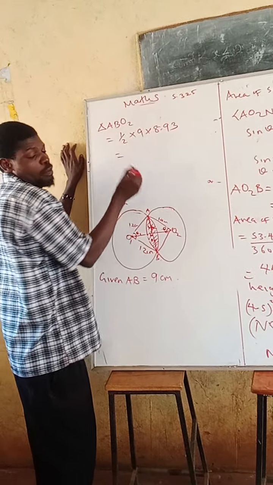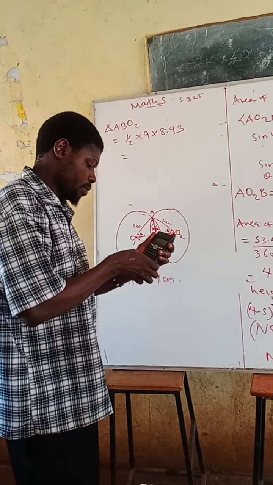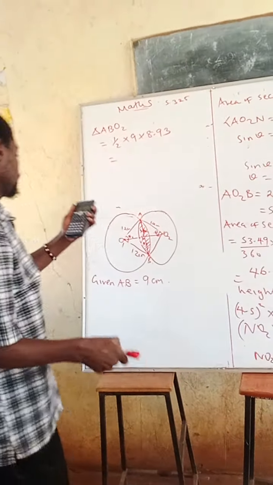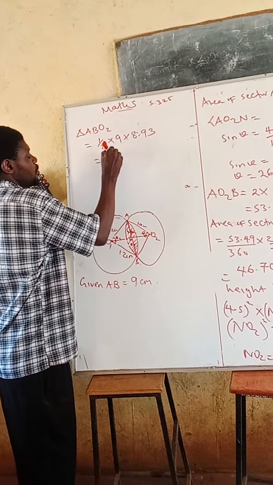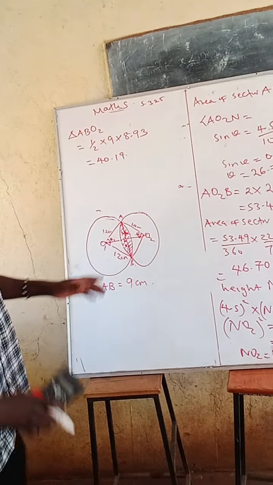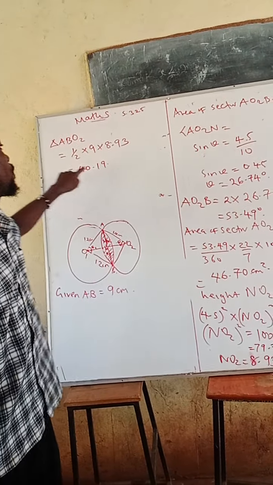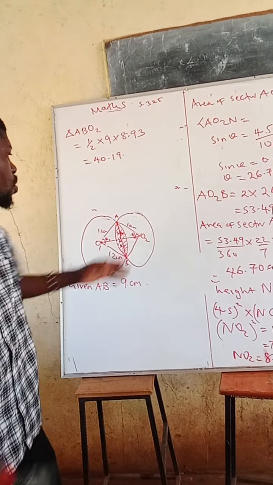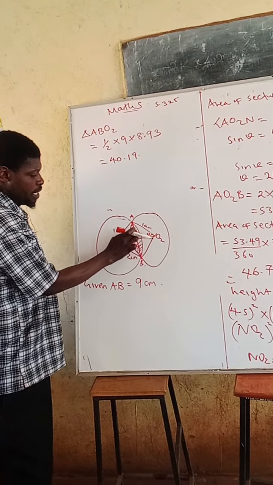Our answer becomes 4.5 times 8.93, which is 40.19. Now, we got the area of the sector first, 46.70. We've got the area of the triangle, 40.19.